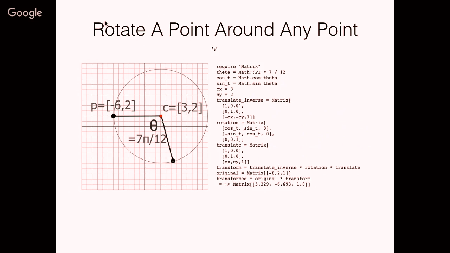So we've got one matrix which is called the translate inverse. We've got one matrix which is just the rotation matrix that we've already seen, and we've got one matrix which is the translate it back to where we were, exactly the same thing that we were just looking at.